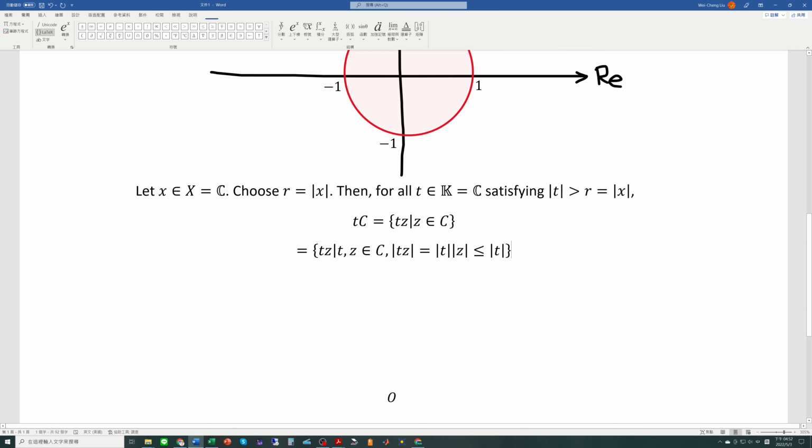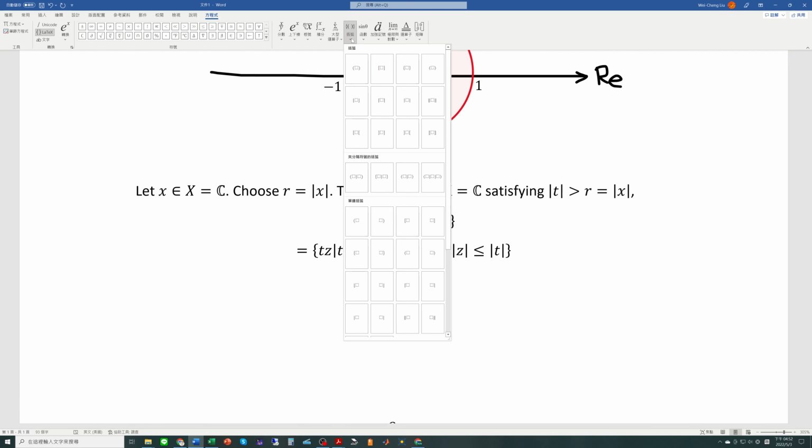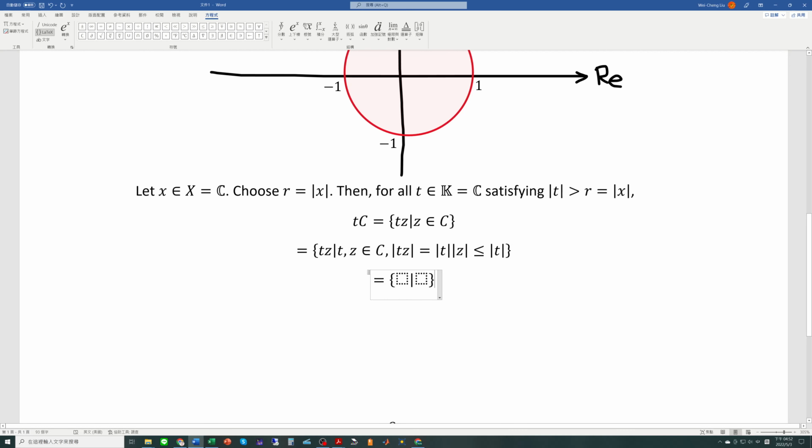So it is equal to Y, where Y and T are in, oh sorry, it should be the set of all complex numbers.